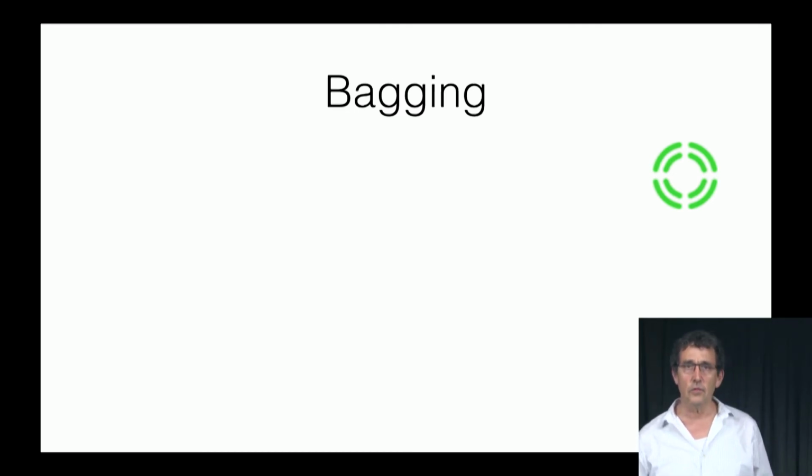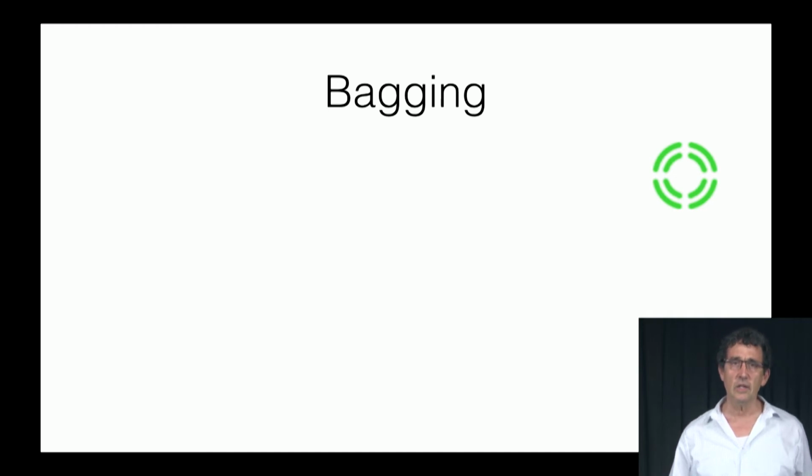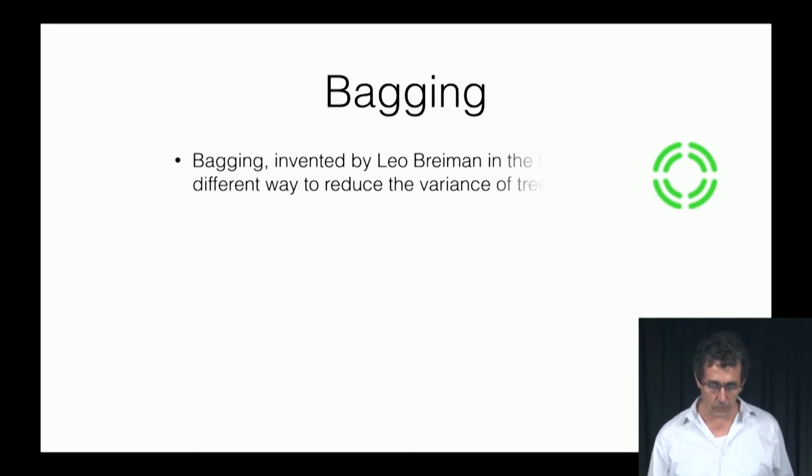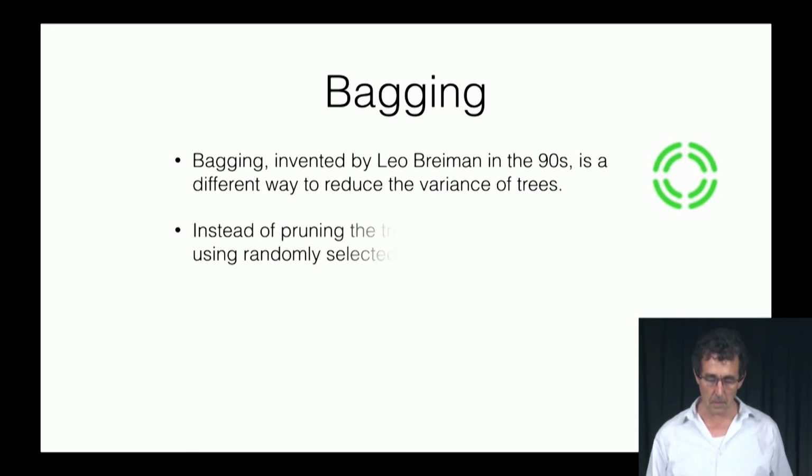Another direction for how to improve the performance is bagging. Bagging was invented by Leo Breiman and stands for bootstrap aggregation. It's a completely different way to try to reduce the variance of the trees.